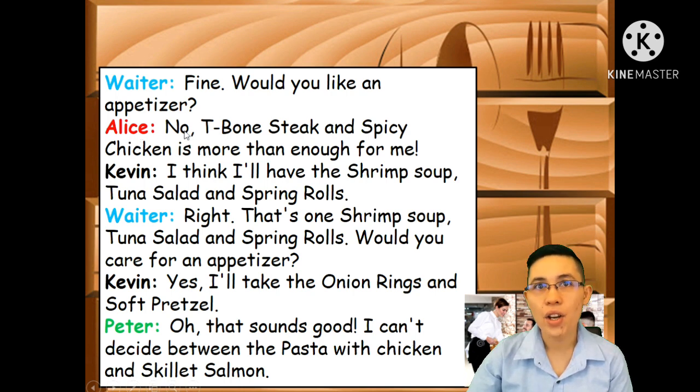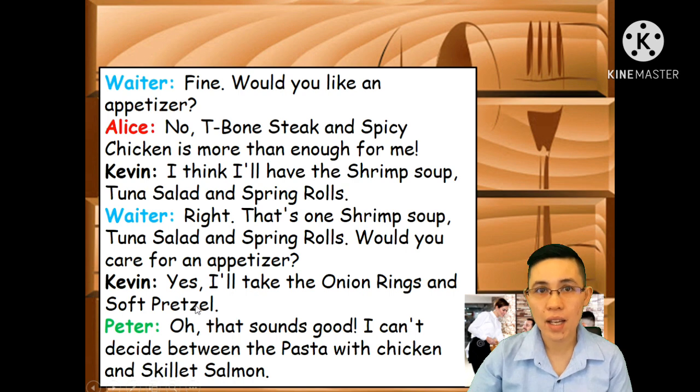Waiter: Fine. Would you like an appetizer? Alice: No. T-bone steak and spicy chicken is more than enough for me. Kevin: I think I'll have the shrimp soup, tuna salad, and spring rolls. Waiter: Right. That's one shrimp soup, tuna salad, and spring rolls. Would you care for an appetizer?